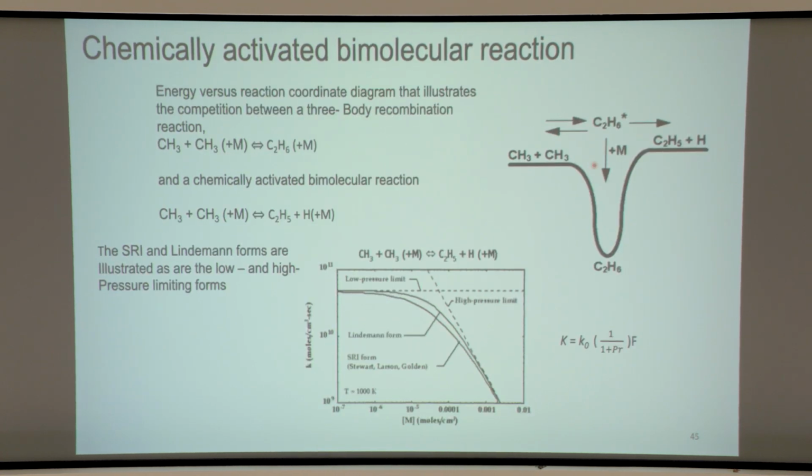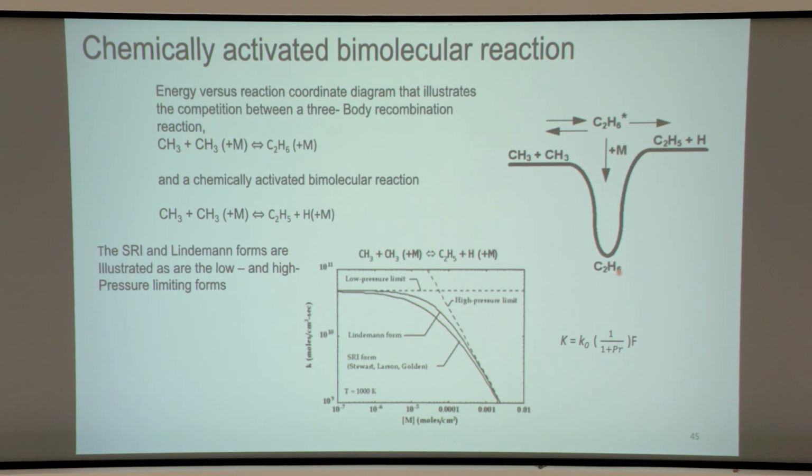Now, the other type of pressure dependency is what we call a chemically activated bimolecular reaction. So that same reactants we saw previously, CH3 plus CH3 can react to form ethane, or reverse ethane decomposes to form methyl radicals. Okay, this is a three-body reaction which goes CH3 plus CH3 down into a well, C2H6.